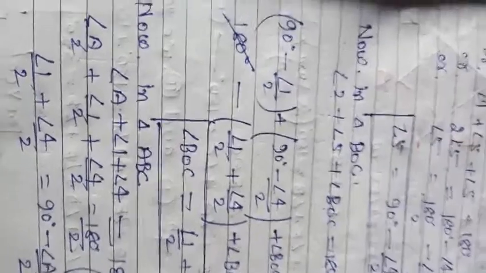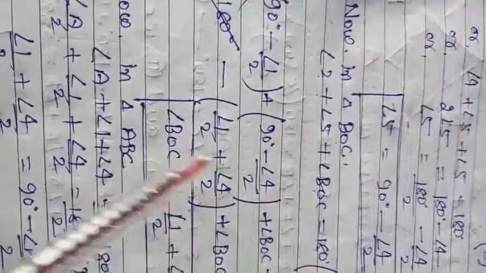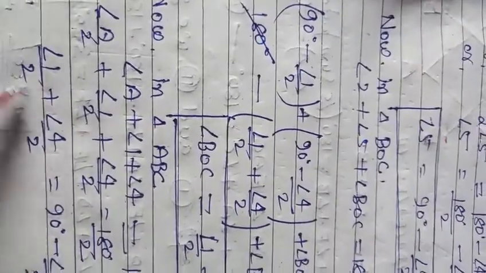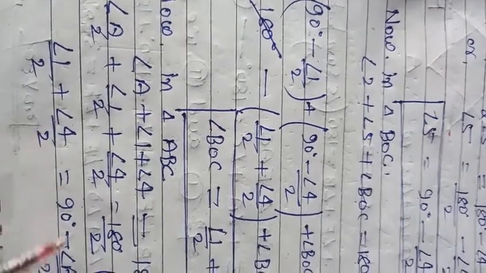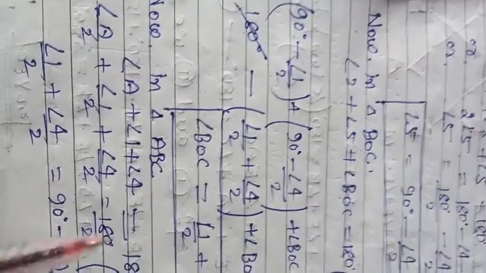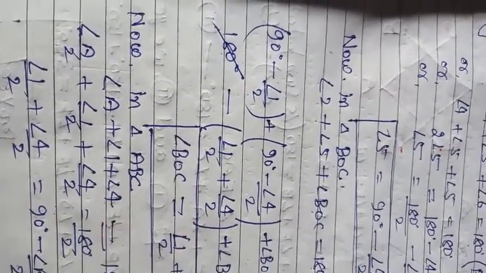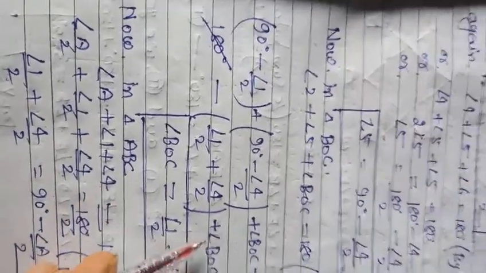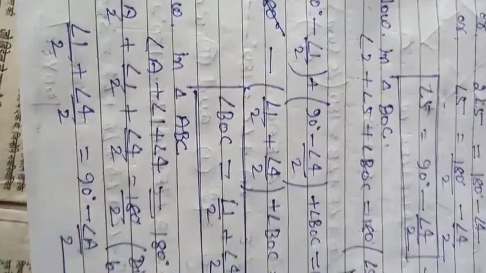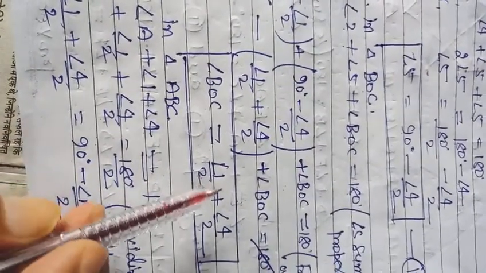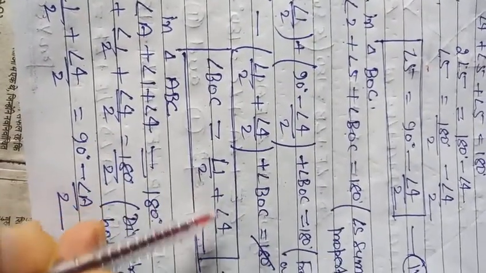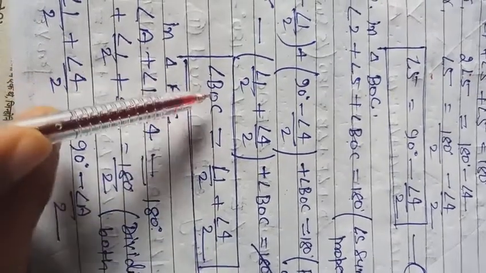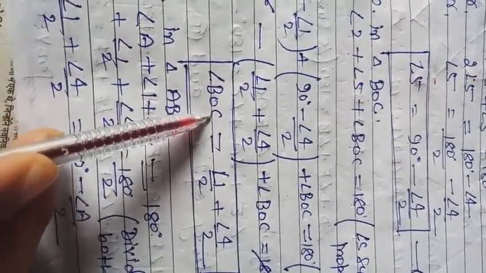Again, look here, angle 1 by 2 plus angle 4 by 2 is equal to what? Angle BOC.